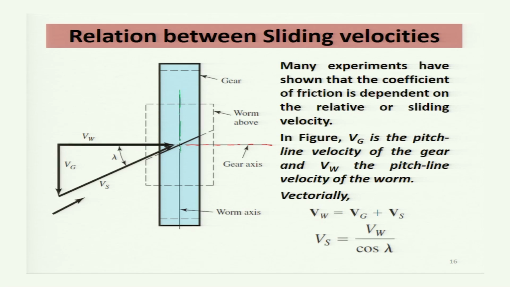This is the axis of rotation of the worm, and the worm is above the gear.